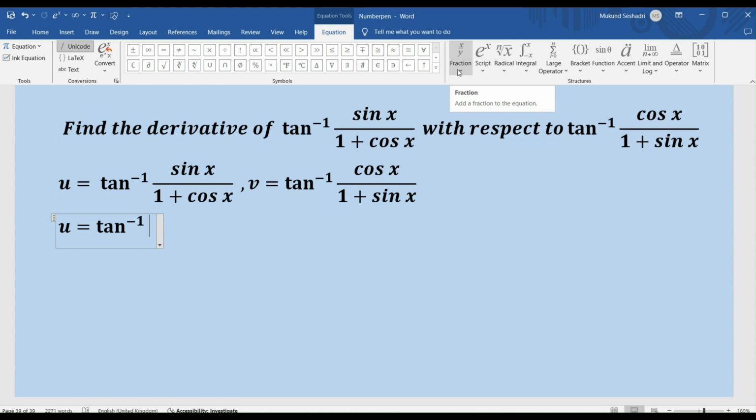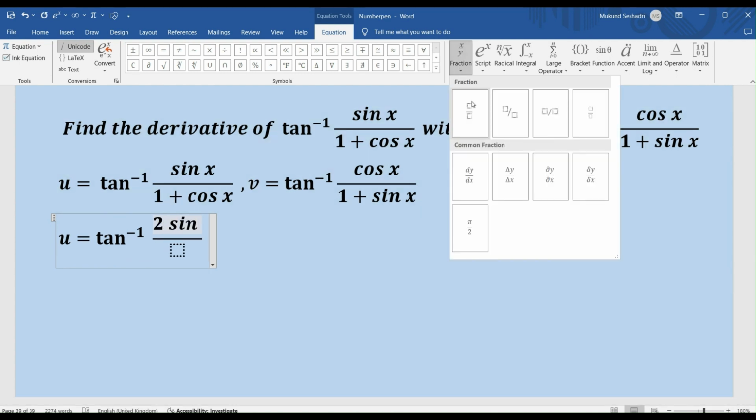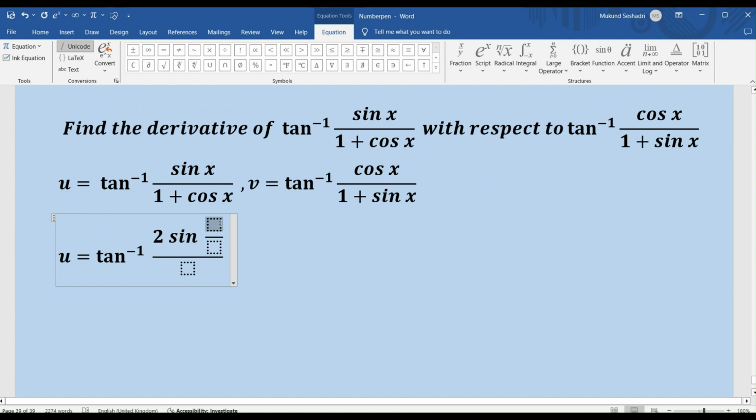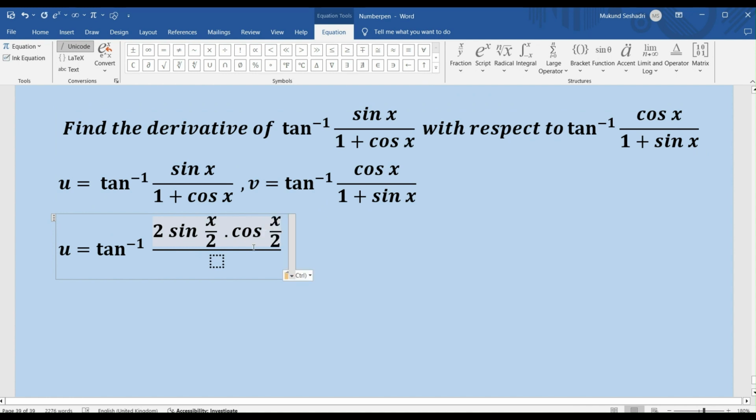So what is my sine x? I know that sine 2 theta is nothing but 2 times sine theta cos theta, and therefore my sine x is nothing but 2 times sine of x by 2 into cos of x by 2.